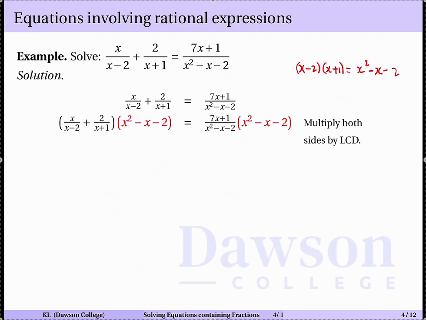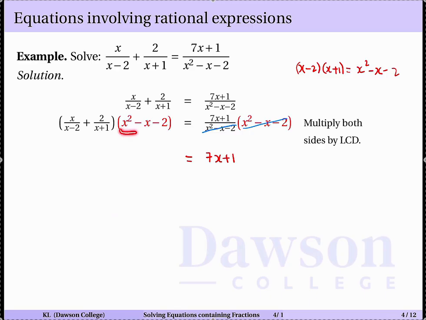And then if we do the multiplication on the right-hand side, we will see that this one will cancel this one, so that on the right-hand side, we will have 7x plus 1.